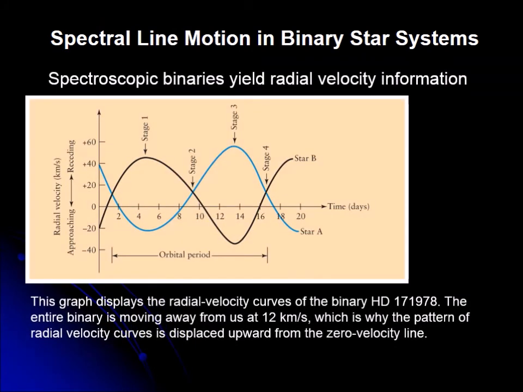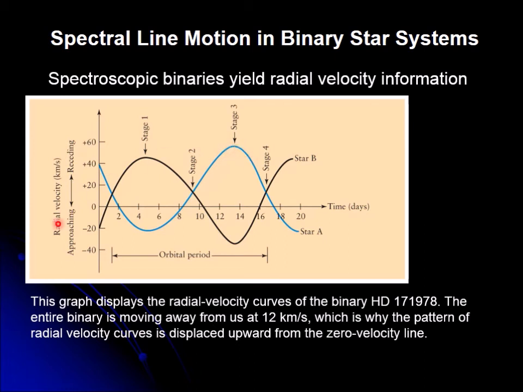Depending on how fast that switch of the shift takes place, we can estimate the velocities, both absolute and radial velocities. For instance, in this case, we have one star having this motion.